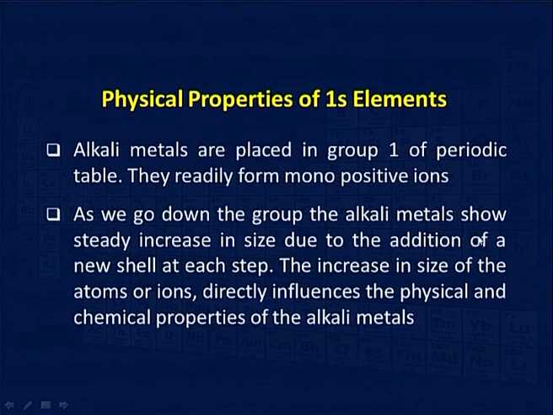As we go down the group, alkali metals show steady increase in size due to addition of new shell. If you see earlier one, that is 2s1 lithium, and sodium is 3s1. So, we are keeping on adding one shell. The value of n is increasing, that is principal quantum number.